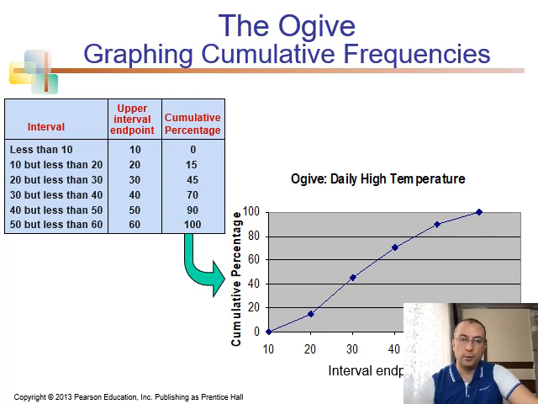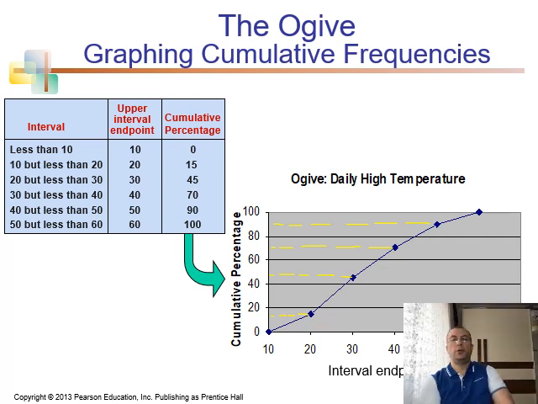Less than 40 is 70, so it should be something like 70 here, and less than 50 is 90, so this should be like 90 here, and obviously less than 60 will be 100.